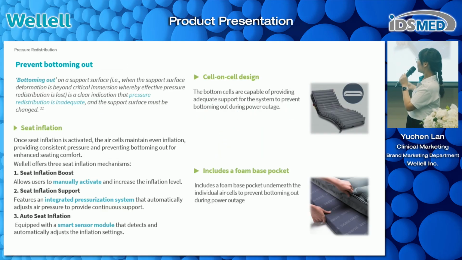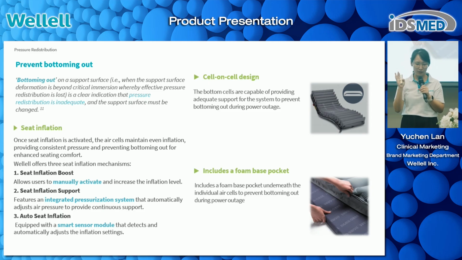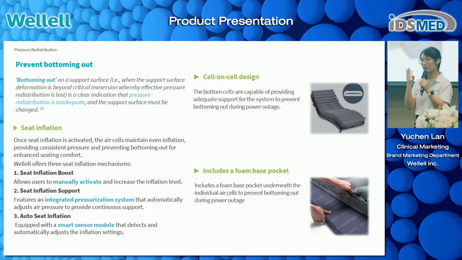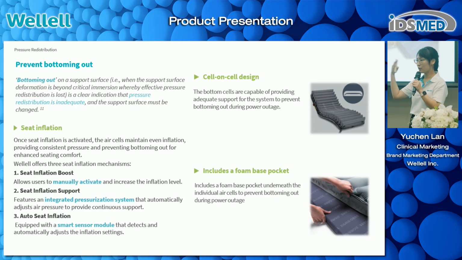Okay, so others, like preventing bottoming out. We also know that if we already find a bottoming out situation, it means that the pressure redistribution is not enough. We need to adjust or we need to replace the mattress, right? So for air mattresses, we also have some designs to prevent bottoming out.